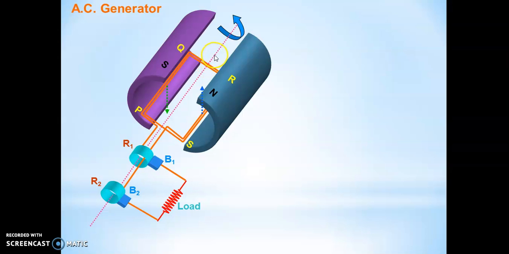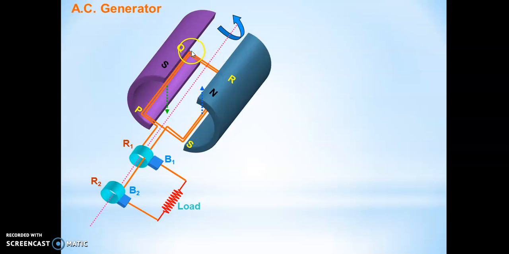As the line of action of both forces is the same, and since the forces are equal in magnitude and opposite in direction, they tend to cancel out. The forces acting on the arms PS and QR tend to cancel out.